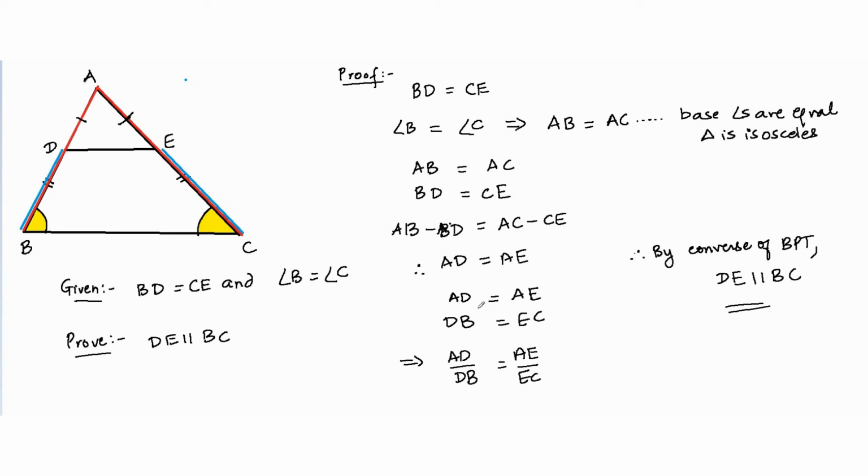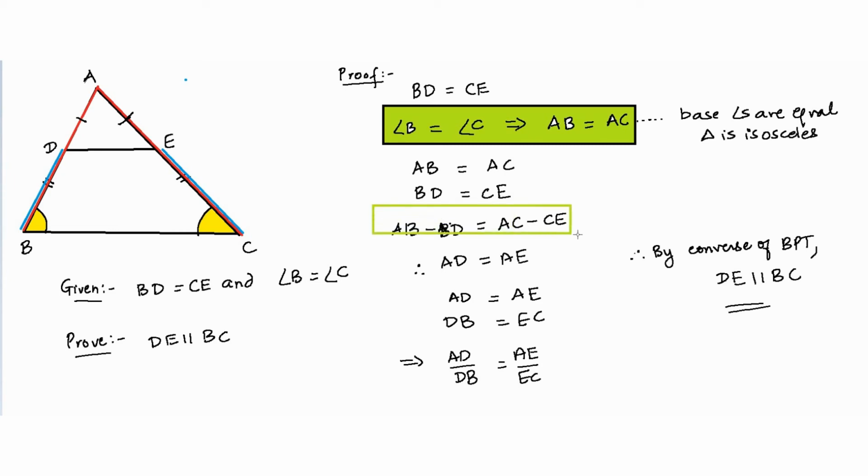So over here, the concepts that I used were, first, that base angles of a triangle being equal imply that it is isosceles. That was one concept that I used in this particular problem. Then I also used Euclid's postulate that if you subtract equals from equals, you get equal measures, right?